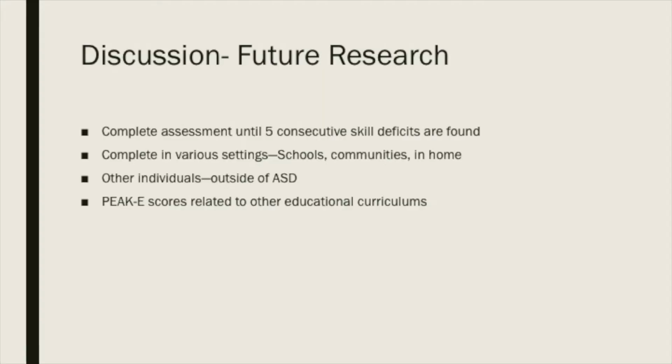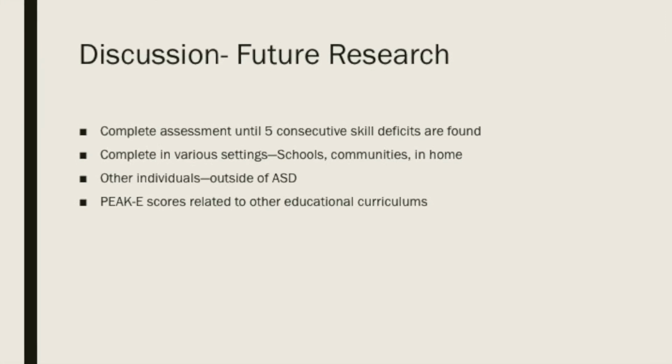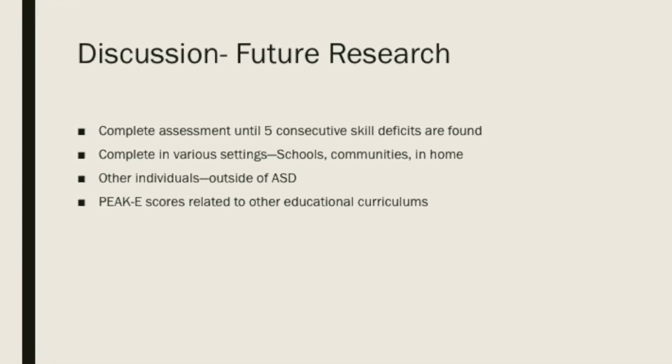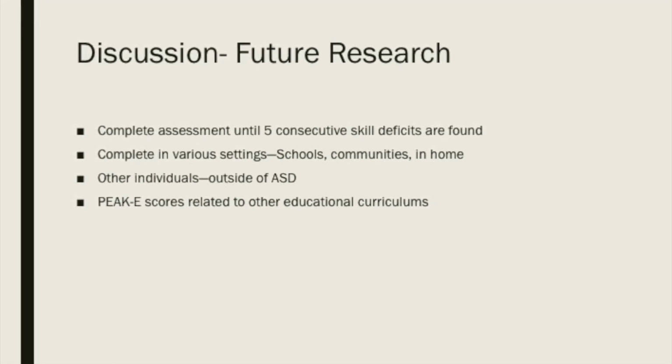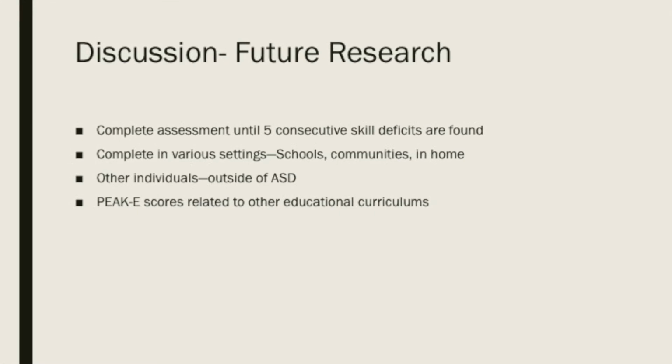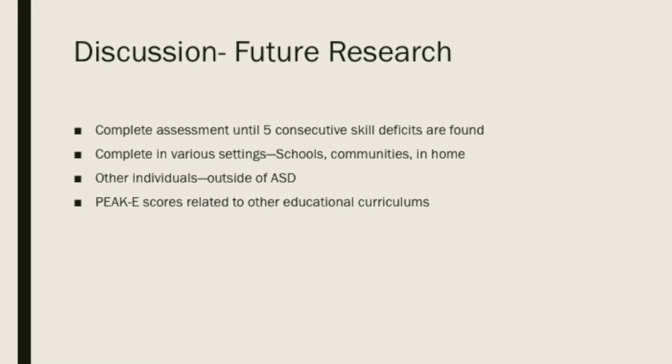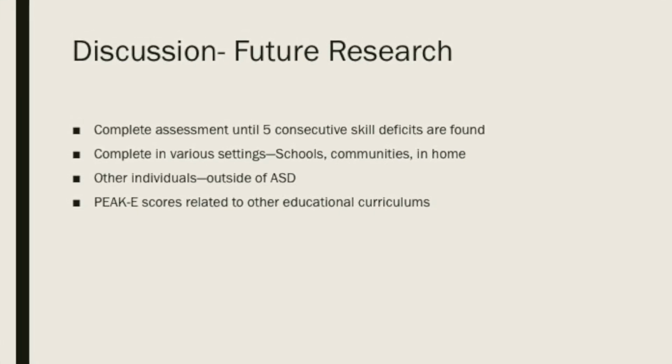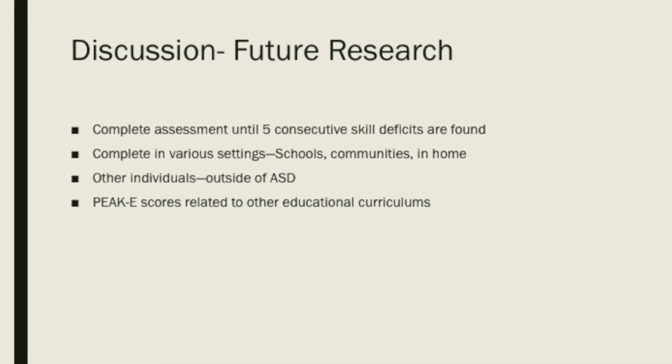Future research includes completing the assessment until there are 5 consecutive skill deficits that are found. The Peak equivalence module does state to complete the Peak E assessment until there are 5 deficits found, so a future study can follow that protocol set in the assessment.